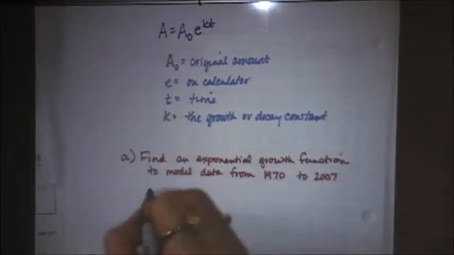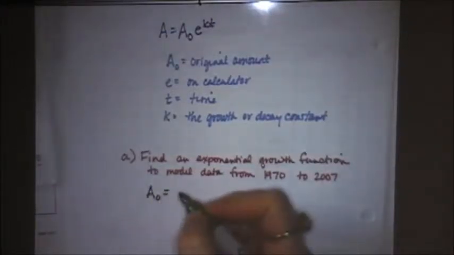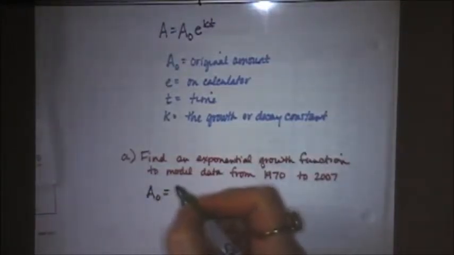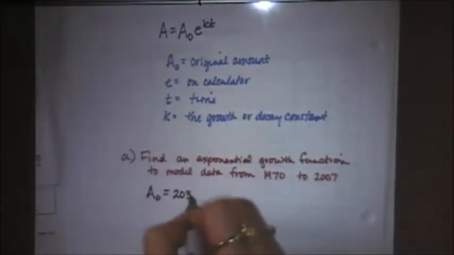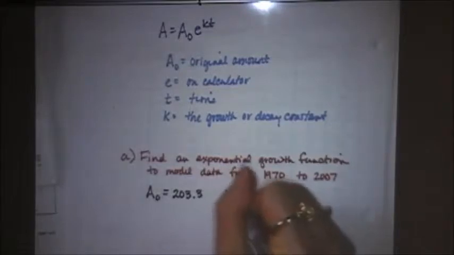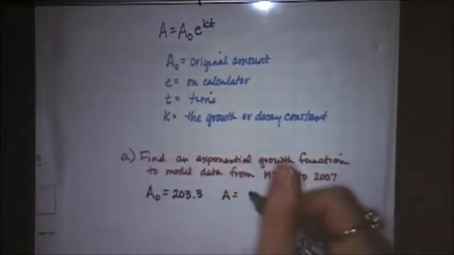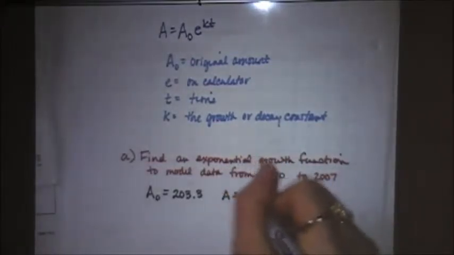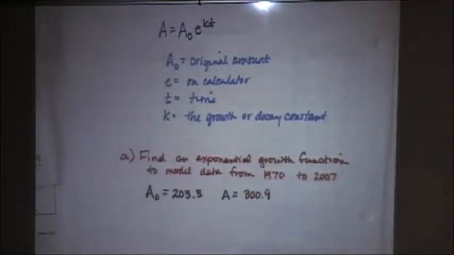So my A0 in 1970 is going to be 203.3, and this is in millions. My A value, which is in 2007, is 300.9 million.